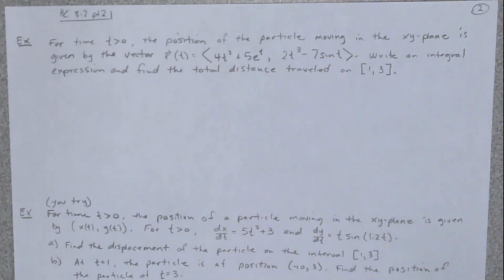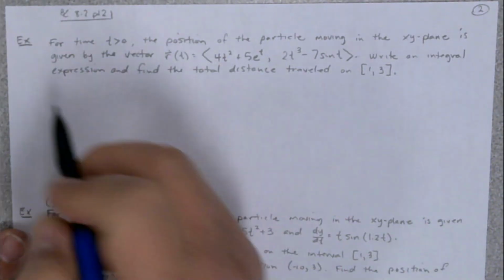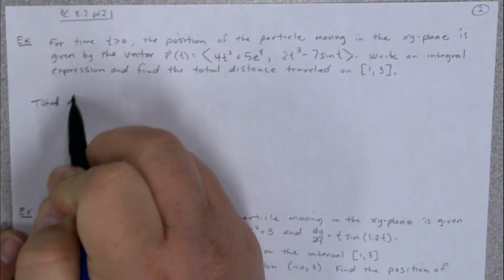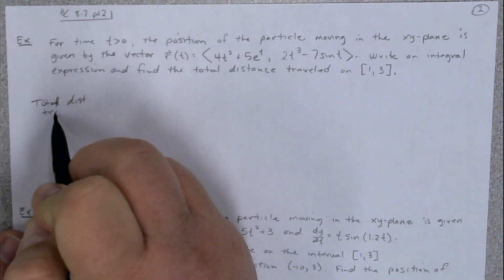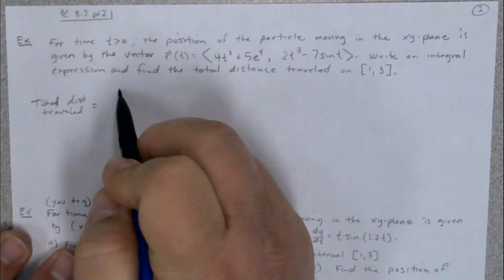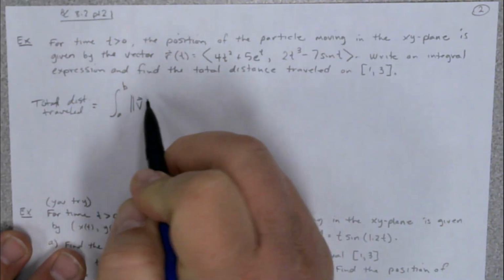So we're trying to find the total distance traveled. Okay, so to start this off, you should always write out the formula that we have associated with this. We know that the total distance traveled is a formula from A to B of the magnitude or speed vector.